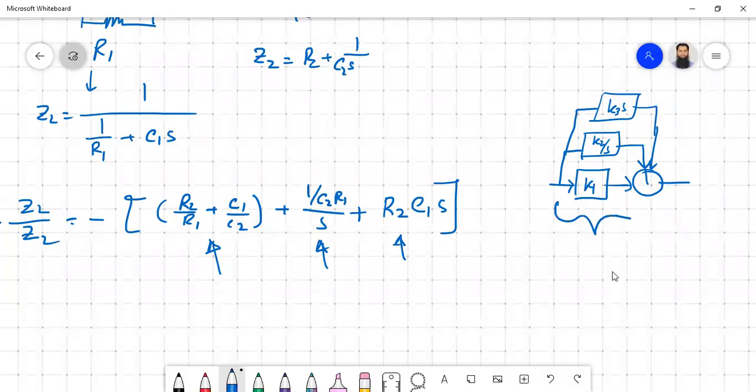So this is your Gc, all of them added together. What you have figured out is K1 plus K2 by S plus K3 S. As you can see, K1 is nothing but this, K2 is this one, and K3 is this one.